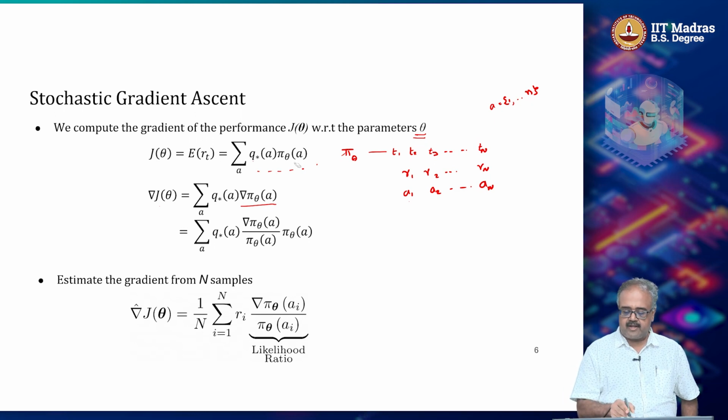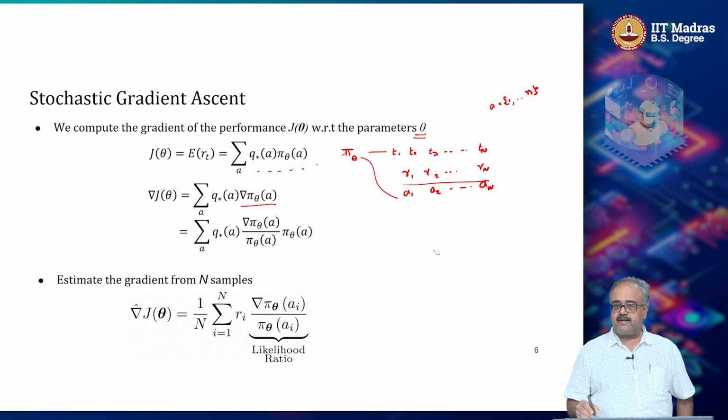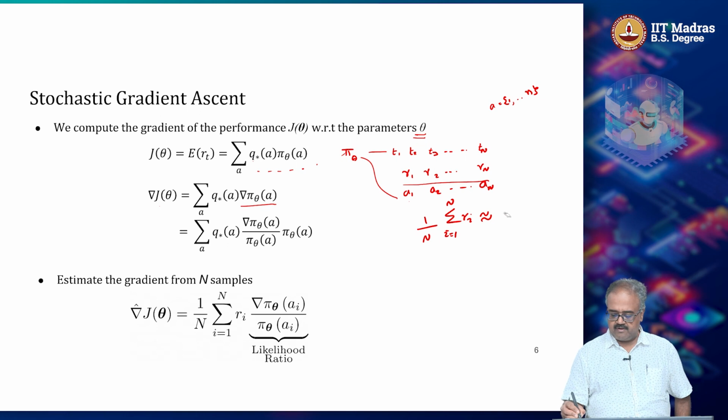Now, how can I compute this expectation? These actions were sampled according to pi, right. So, what I can do is add up the Ri and multiply by 1 by n to give me an estimate of J theta, correct.